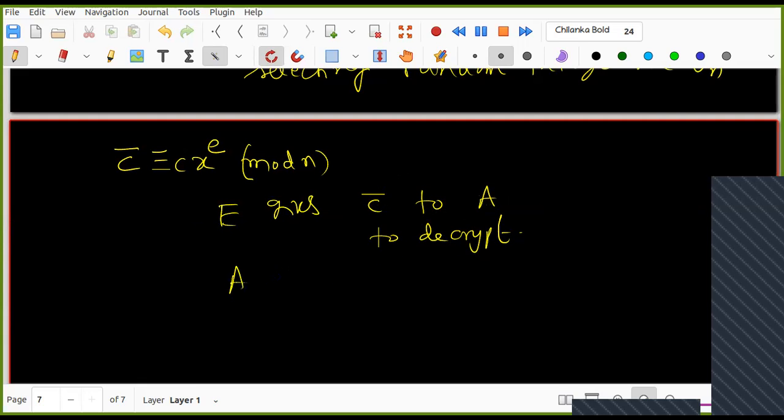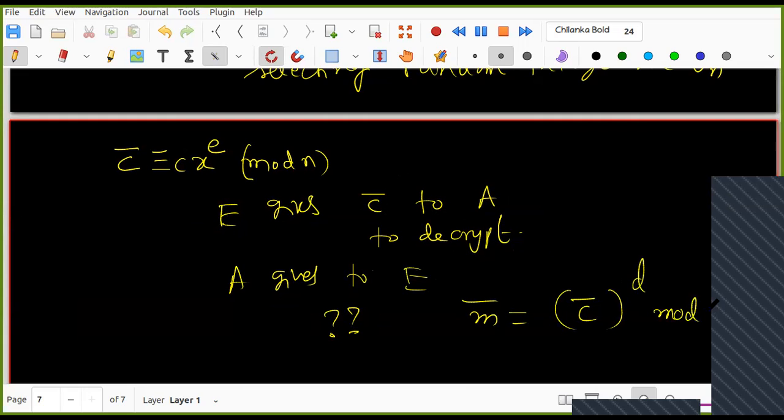A gives M bar, which is C bar power D modulo N, given to E. M bar is the plaintext of C bar, and C bar is a ciphertext. So A promised that he will give one plaintext for whatever ciphertext is given to him.